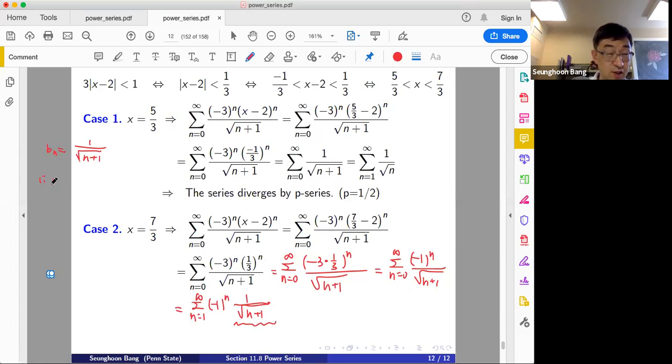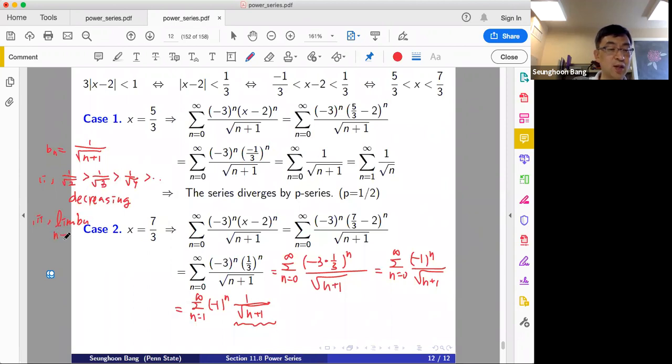The first condition is that Bn is decreasing, which is very clear. You plug in 1, 2, 3, 4, 5. The first one is 1 over root 2, the second term is 1 over root 3, then 1 over root 4, and so on. The numbers decrease. It's very clear. The second condition is to take the limit of Bn.